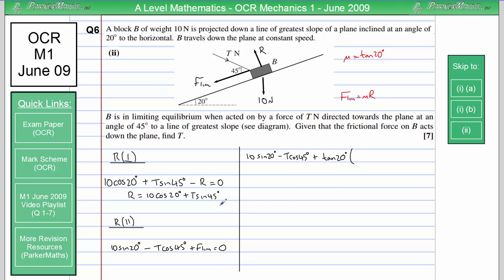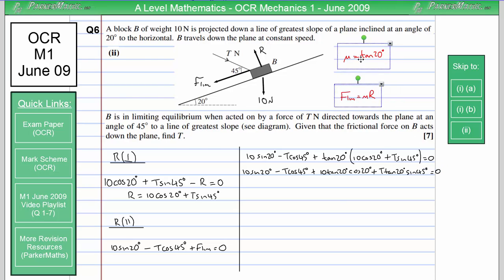Be careful when you're substituting in here to put this expression for R inside a bracket, because you're multiplying tan 20 by all of this. Next I'm going to expand out this bracket here. The next step I'm going to do isn't strictly necessary, but it does help us to simplify things down.